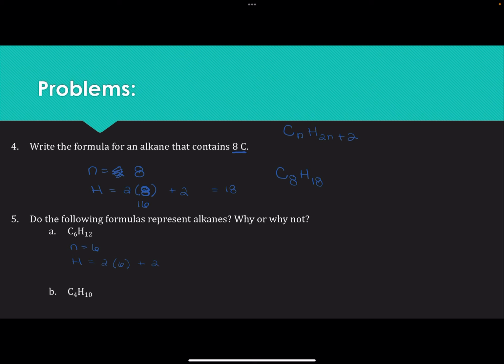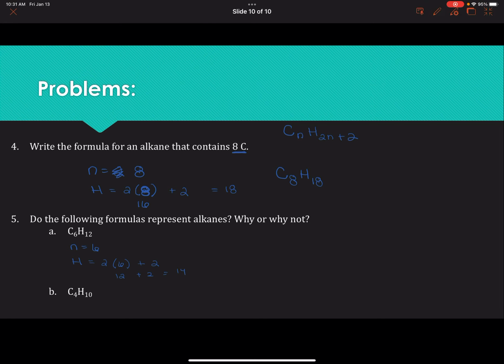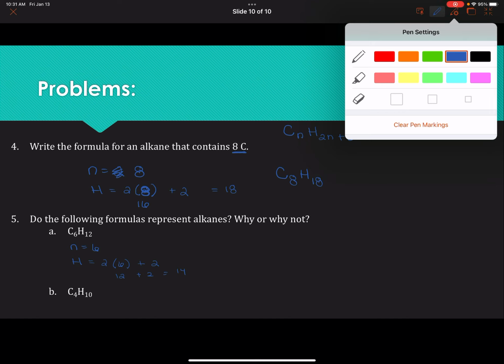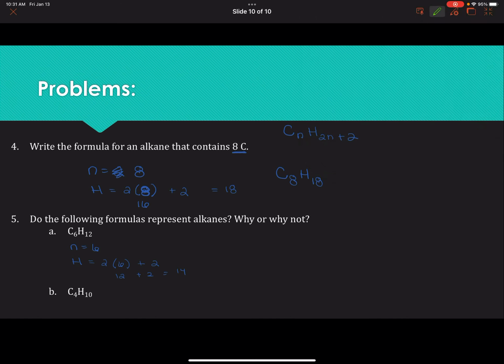So 2 times 6 gives me 12, plus 2 should be 14. Looking at this, my formula has 12 hydrogens, but to be an alkane, we're supposed to have 14. That means this is not an alkane. It is a real organic compound. It's just one of our other classes of hydrocarbons.